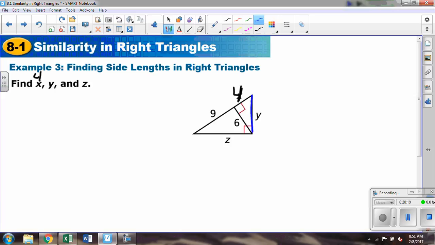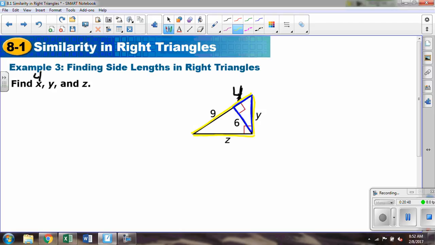Which two triangles is this a piece of? Y is the hypotenuse for this small blue triangle, and also y is a leg for the overall big triangle. That one length is a piece of two different triangles.